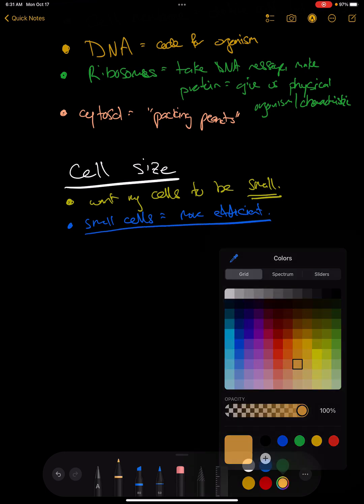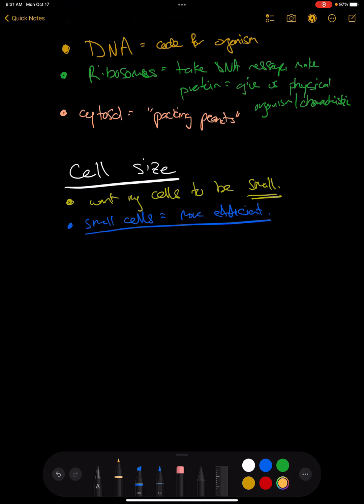Now, that's a pretty easy idea to understand, because let's say here's the cell, so this can be cell A, and then here's this cell. This is cell B. Regardless of whether you're a prokaryote or eukaryote, you have to pass stuff through the middle of your cell because that's where your DNA is.